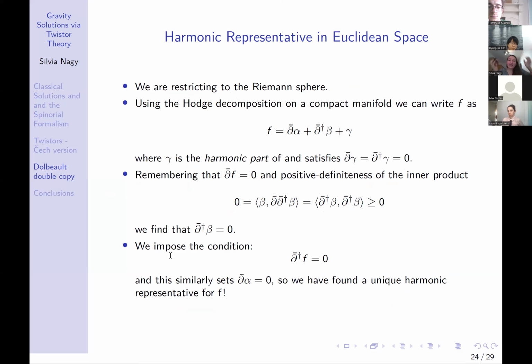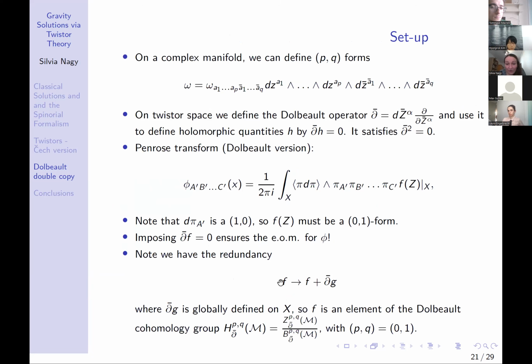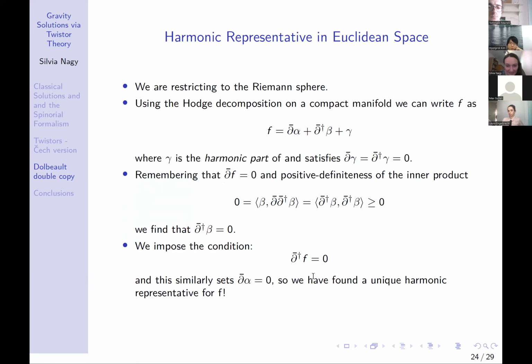Then I still have some freedom in the definition of F because I have these two terms. But then I can impose the following condition, and you can really think of this as a type of gauge fixing for this freedom I have here. So you can think of it as a kind of Lorentz type gauge, but in Twistor space.